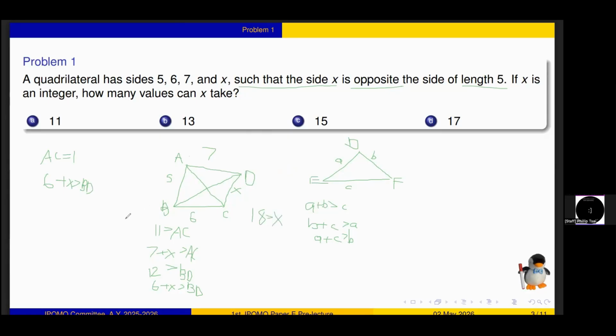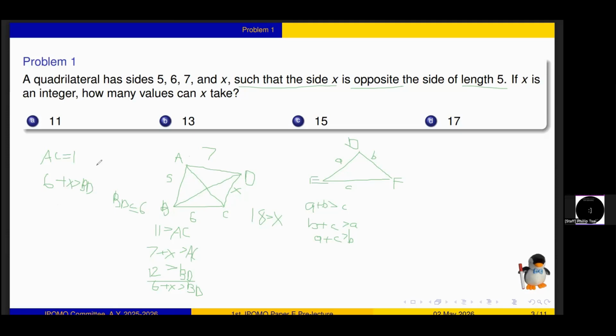Anyways, this equation only tells us that BD is less than 12, right? But this also means that if BD is less than or equal to 6, then we again can let x equal anything.